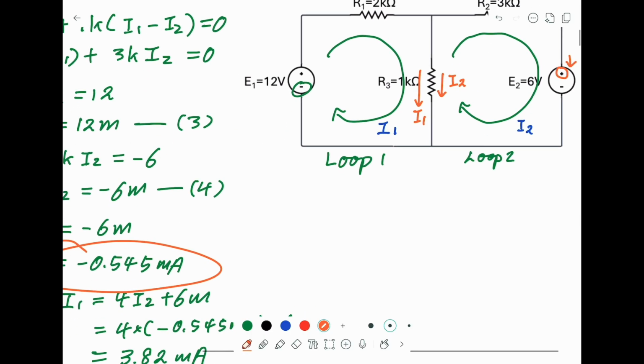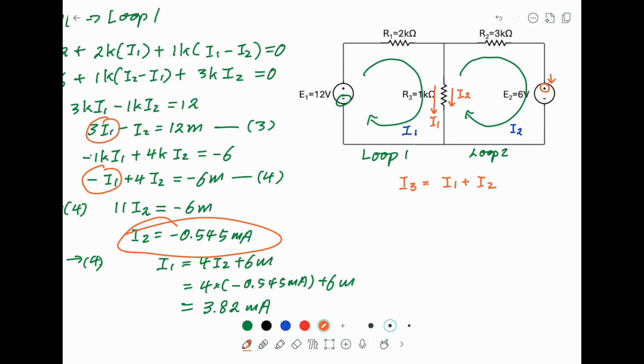So the physical current I3 passing through R3 should equal I1 plus I2. Remember, I already reversed I2. So this one will become 3.82 mA plus 0.545 mA.